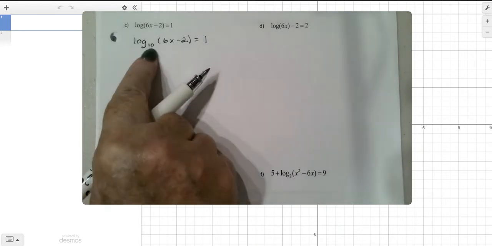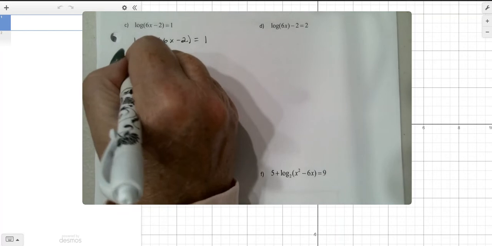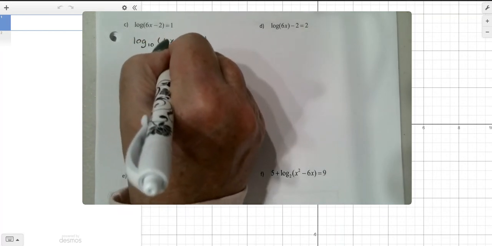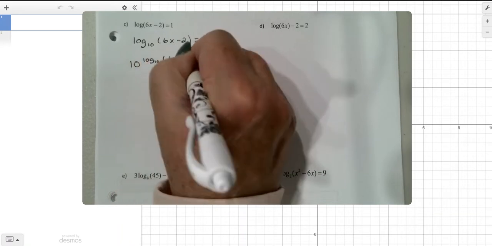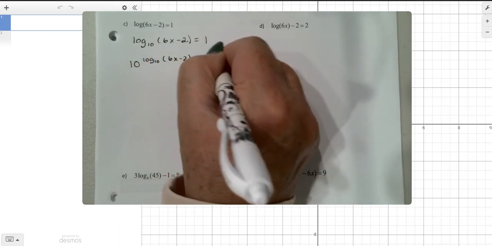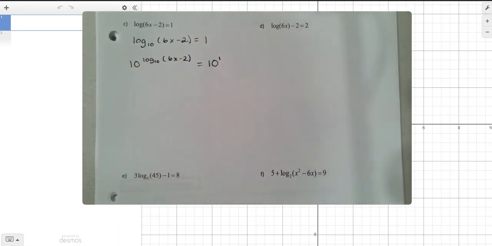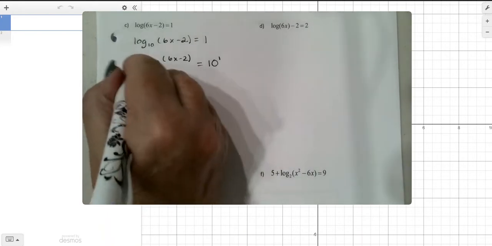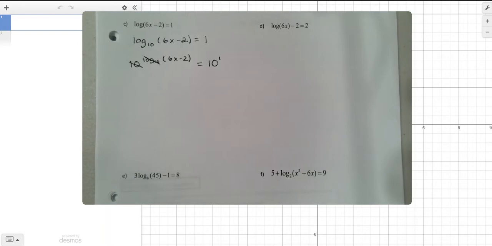And to get rid of a log base 10, I use the inverse function, an exponential function with a base of 10. And on the right again, an exponential base 10. Exponential and the log base 10 are inverse functions.